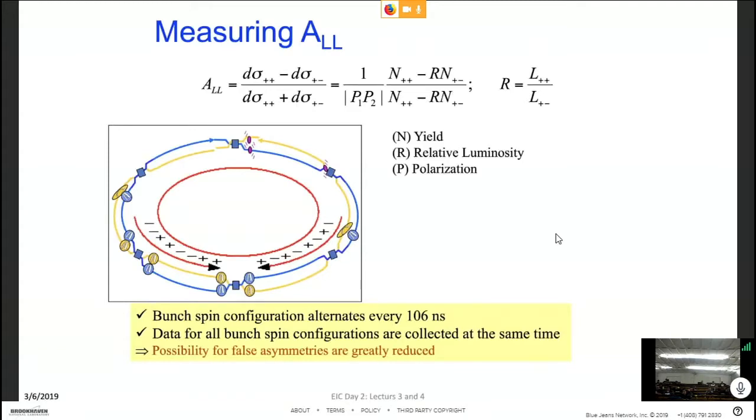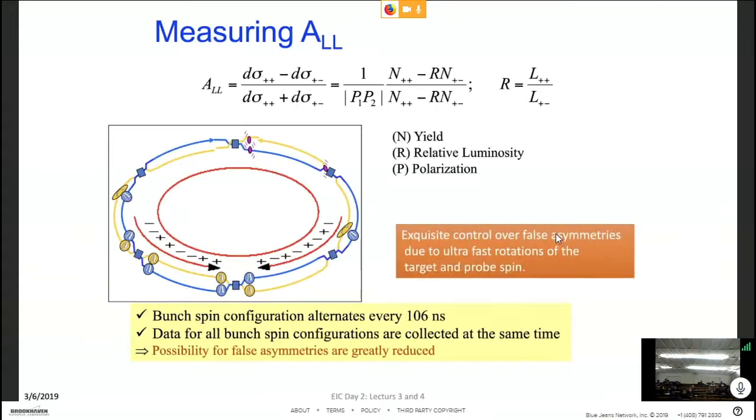And that's exactly what happens here. That's why in the collider, surprisingly to many people, we were able to control the systematic uncertainty due to false asymmetries like that to a value of 10 to the minus 5, which was very, very impressive. No fixed target experiment, at least at that time, had attempted or tried to do that.